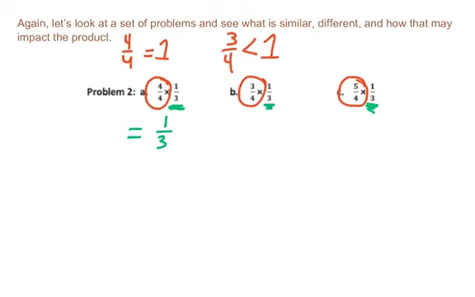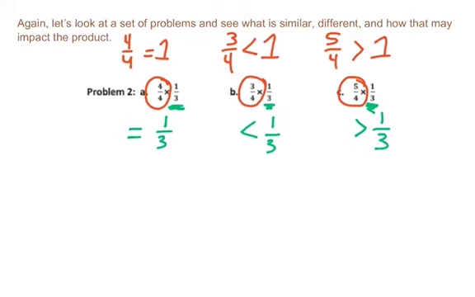So what do I think is going to happen with my product? I think my product is going to be less than 1/3. It'll be smaller than 1/3. And then lastly, if I multiply by 5/4, I know that 5/4 is actually greater than 1. So I anticipate that my product will be greater than 1/3.